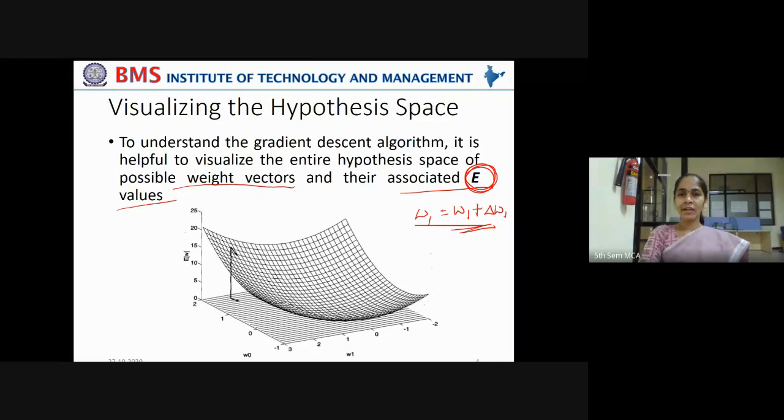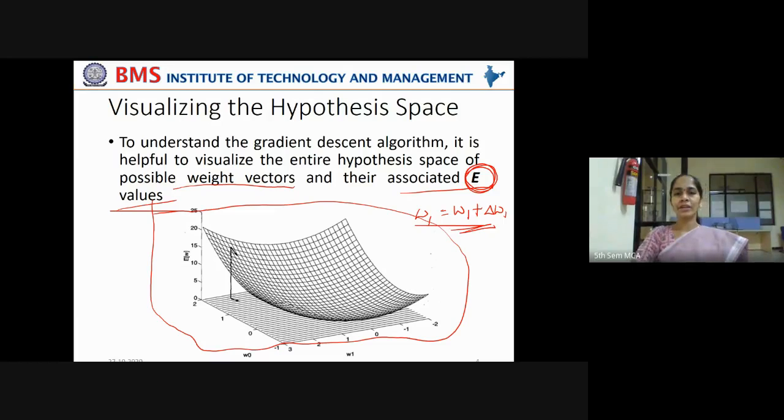Okay, so to understand the gradient descent algorithm, it is helpful to visualize the entire hypothesis space of possible weight vectors and their associated E values. How do you represent it? You're taking it as a three-dimensional space in this case.